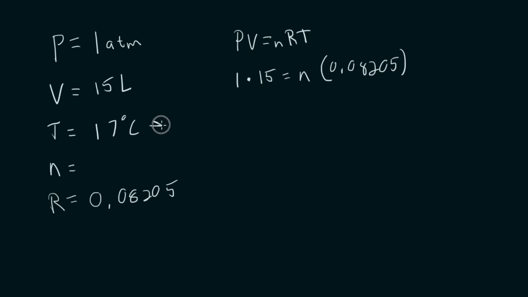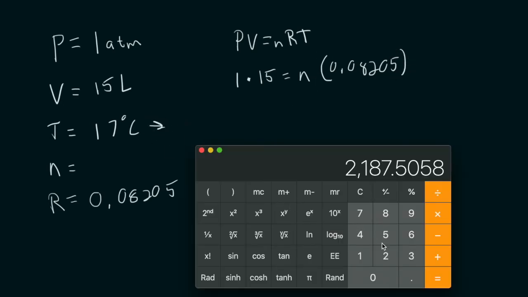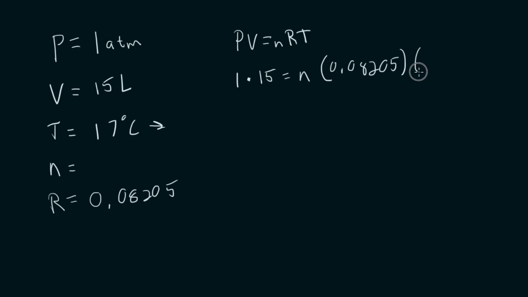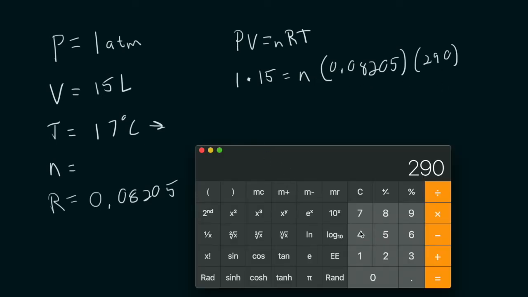I need to convert this into Kelvin. So I'm going to take 17 plus 273. It's going to be 290 Kelvin. So now I just take my 1 times my 15, and then I divide it by these two. So let's go ahead and do that.